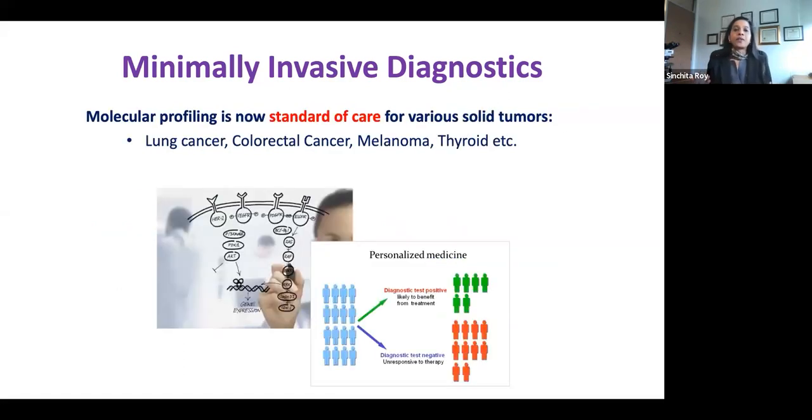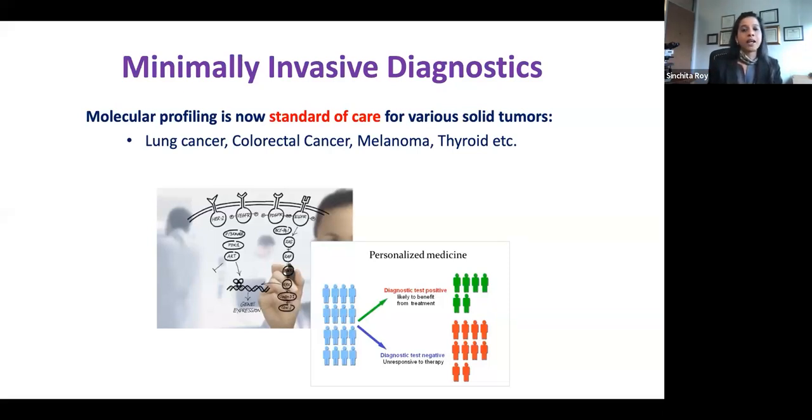So again, as I mentioned earlier, molecular testing is now standard of care in many solid tumors. Lung cancer is just one example. The main purpose for these profiling studies is that we're trying to identify molecules in specific signaling pathways.